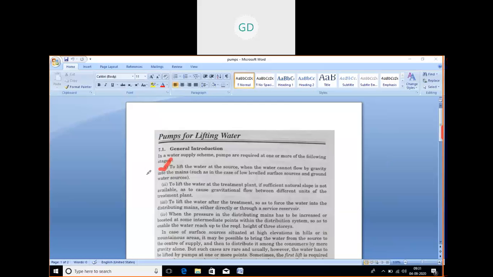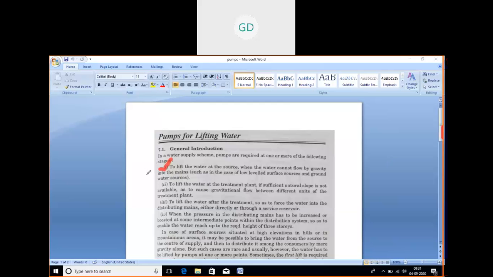Yes, I have shown you that day the diagram of a reservoir, right? So if the source of supply is a reservoir at a higher elevation, in that case your pump is not required because the water, obviously, at the source of supply is at a higher level, so the water automatically, through the act of gravity, flows to your distribution means or flows to your water treatment plant.